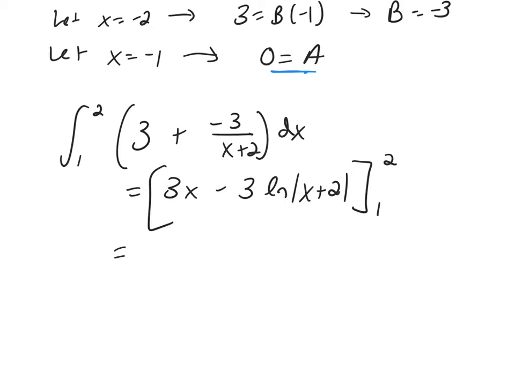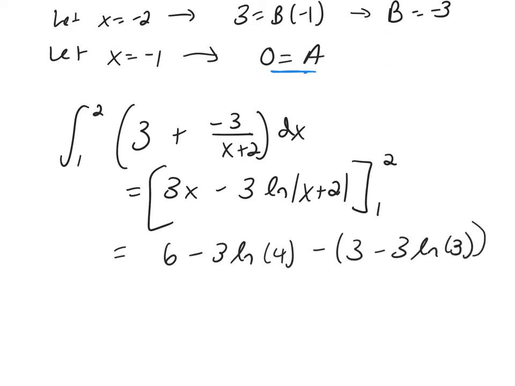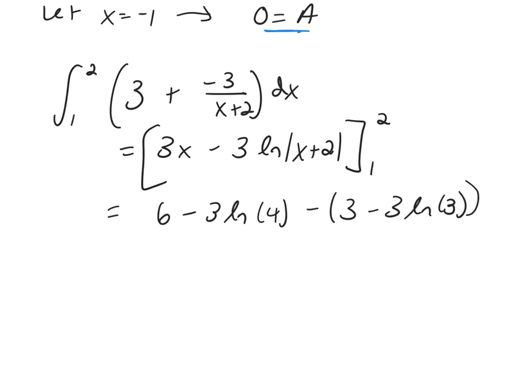So you'll get 6 minus 3 ln 4, minus 3 ln 3, which if you want to, you could simplify as 3 minus 3 ln 4 plus 3 ln 3.